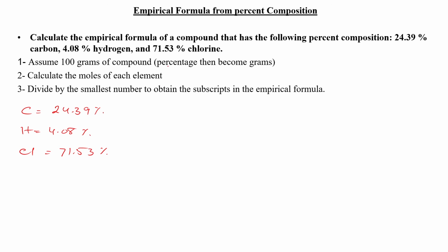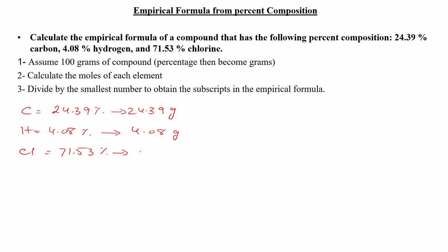What we're going to do is we just assume that we have 100 grams of compound. If the compound is 100 gram, 24.39% out of 100 means that we actually have 24.39 grams of carbon in that compound, right? Similarly, 100 grams of compound and 4.08% hydrogen means that we actually have 4.08 grams of hydrogen.